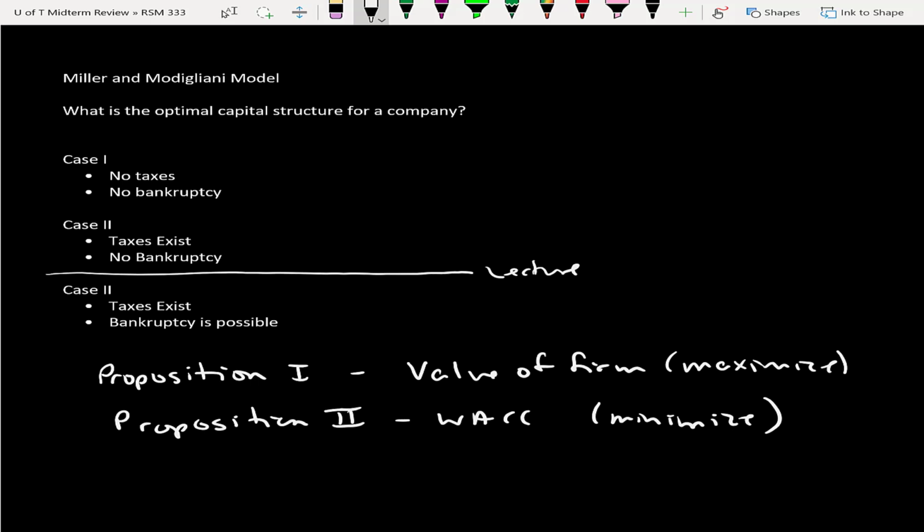So for example, case 1, no taxes, no bankruptcy. Proposition 1 would be how are you maximizing the value of the firm, and proposition 2 would be how are you minimizing the cost of capital. The conclusion that they come to in this case is that capital structure is not relevant in case 1.